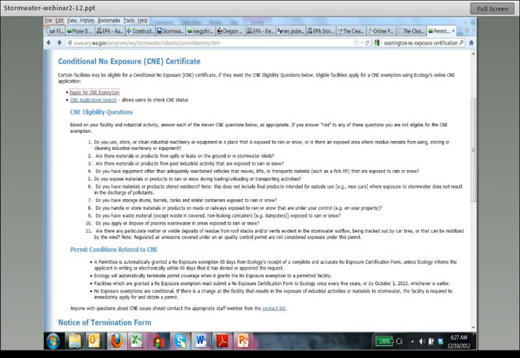But if you see some of these things, for example question number 3: are there materials or products from past industrial activity that are exposed to rain or snow? The main thing that the state is looking for is, are there ways that exposure to rain or snow will result in contaminants running into the water body?